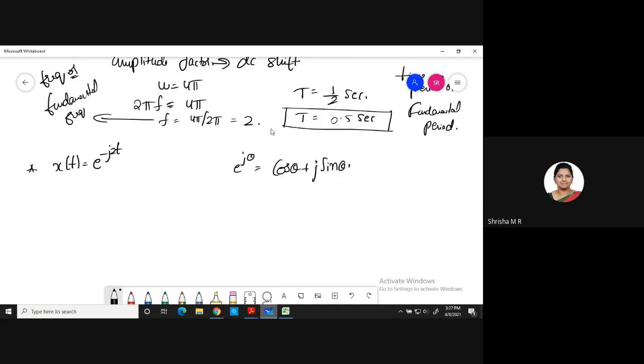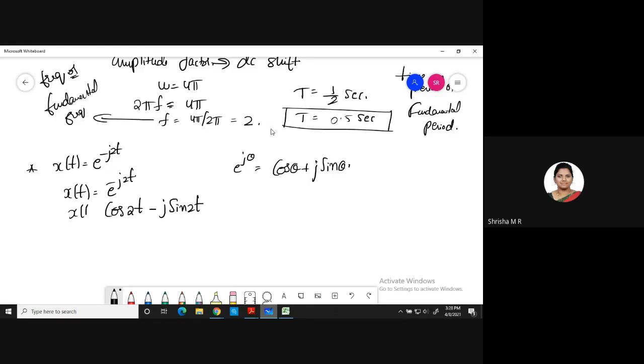So how can you elaborate this? So x of t is equal to e power minus j 2t, or you can write cos 2t minus j sin 2t, right? Yes or no?